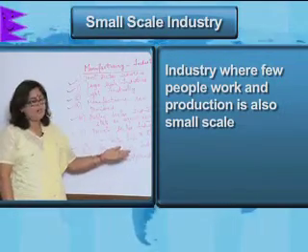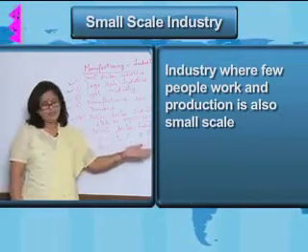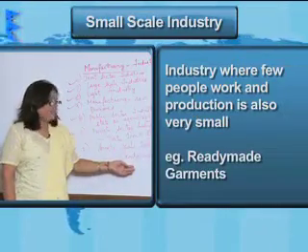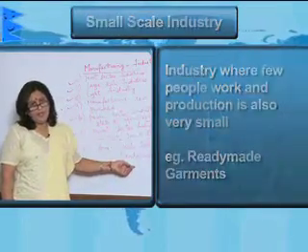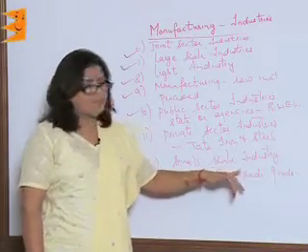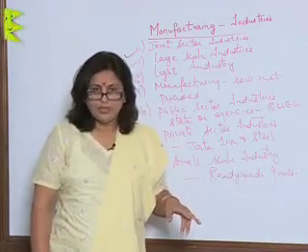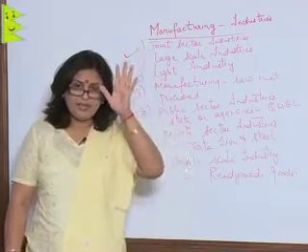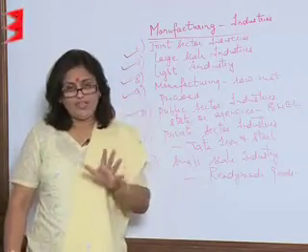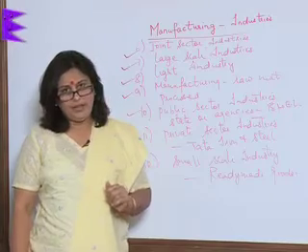And the best example of small scale industry is that most of the ready-made garments are manufactured in these small scale industrial units. These were all the categories of different kinds of industries which are running in India.